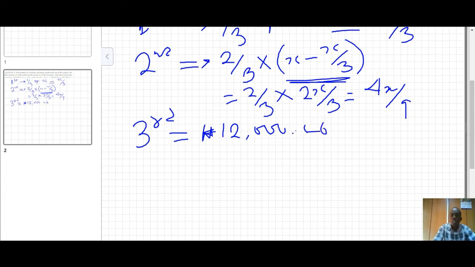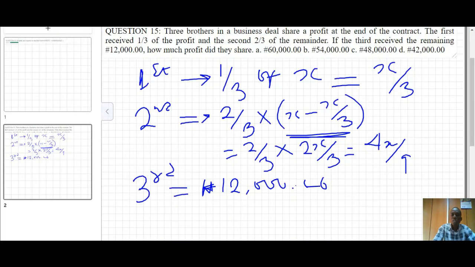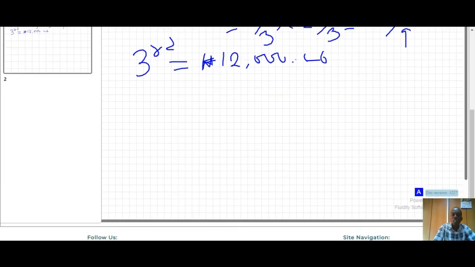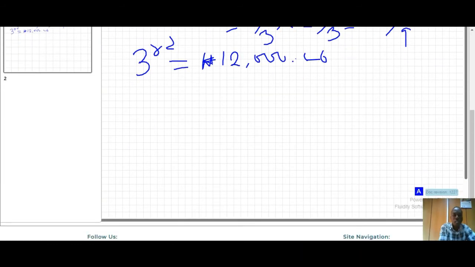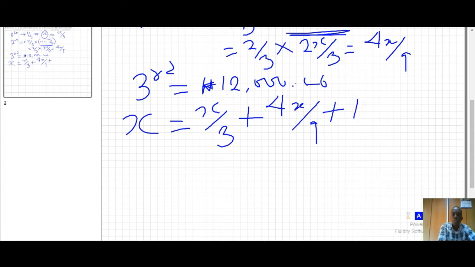We are looking for the value of X, which is the profit. So X will be equal to the sum the first received, X over 3, plus the value the second received, 4X over 9, plus the 12,000 naira that the third received.